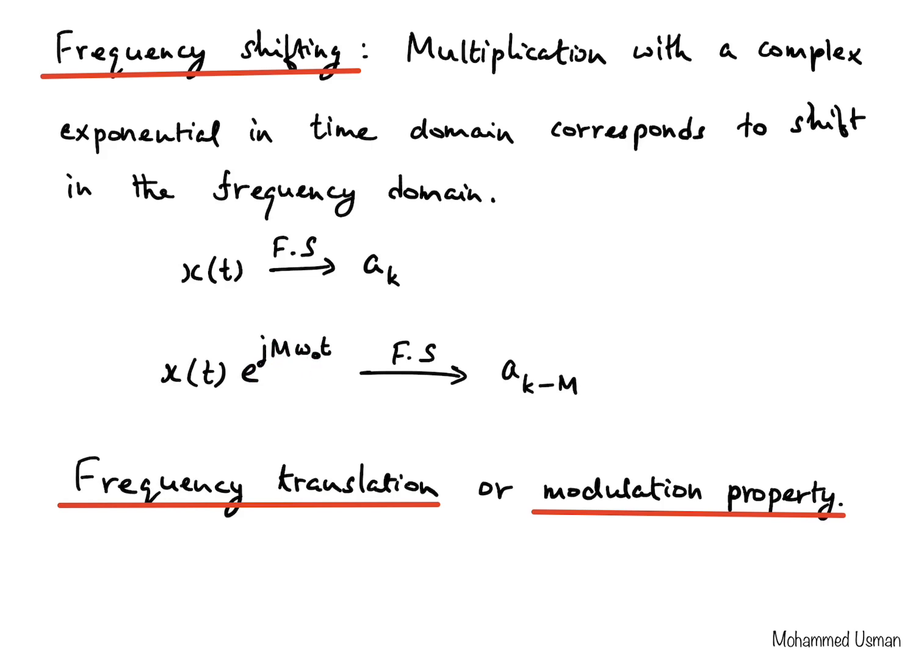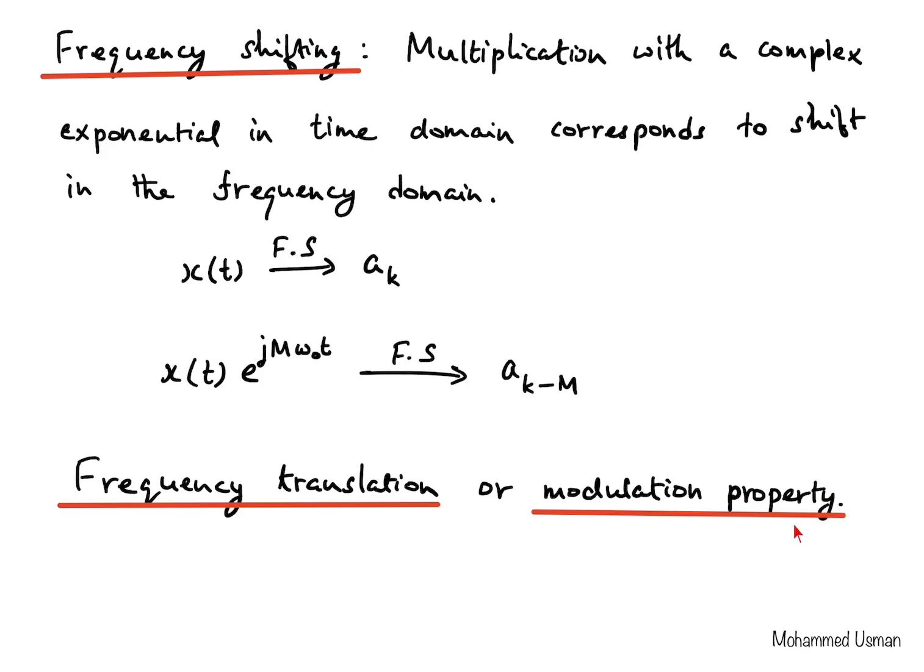So what it basically means is that multiplication with a complex exponential in the time domain corresponds to a shift in the frequency domain. The Fourier series coefficients get shifted by the same factor. So this is also called frequency translation or the modulation property of Fourier series. And we will also see that the same property applies for Fourier transforms for aperiodic signals as well.